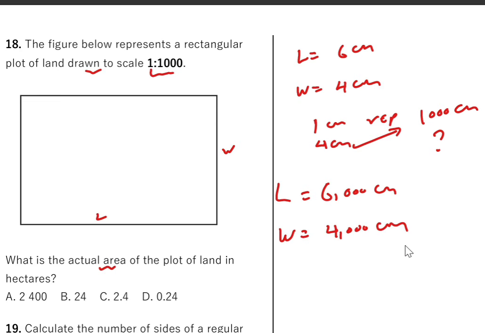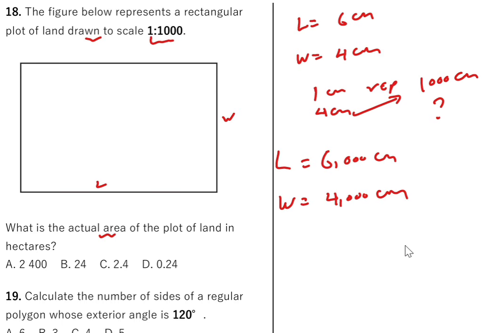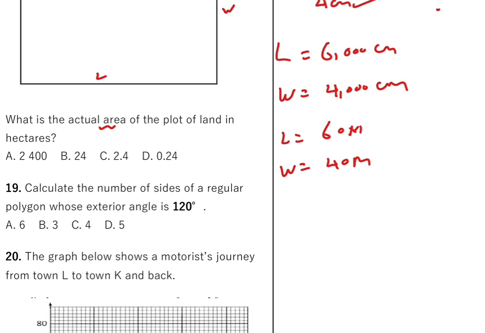You can convert this into meters because we want the area in acres. So I divide by 100. The length divided by 100, two zeros cancel, we remain with 60 meters. And the width, if you divide by 100, we get 40 meters. So to get the area, we know that the area of a rectangle is given by length times width. So our area will be, the length is 60 meters.